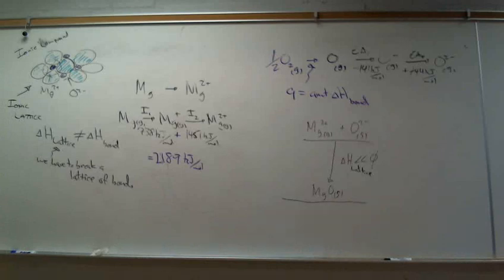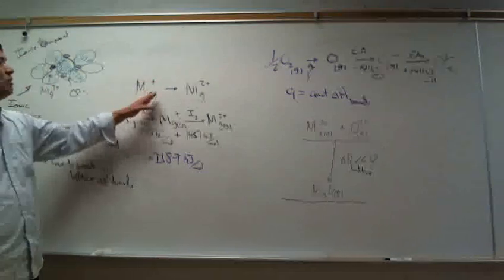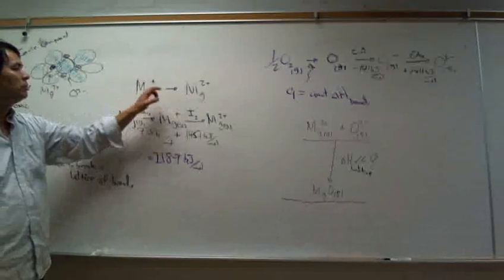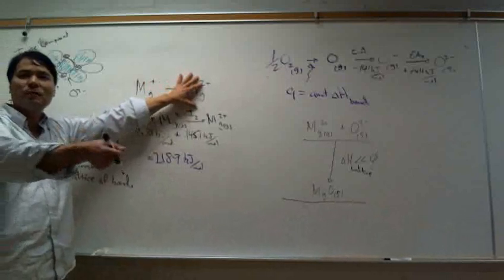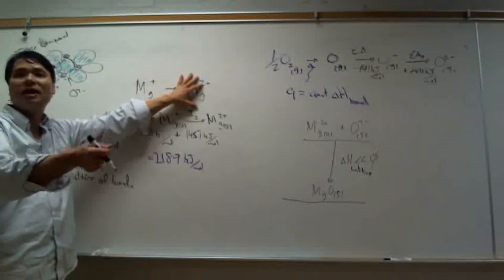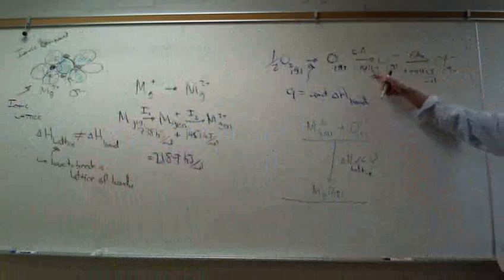Well, let's look at a cost versus benefit analysis. In terms of a cost versus benefit analysis, what if we didn't go all the way to 2+? What if we stopped here at magnesium plus? That means our initial pay-in cost is less. And then, rather than going all the way to O2 minus, what if we stopped here at O minus?